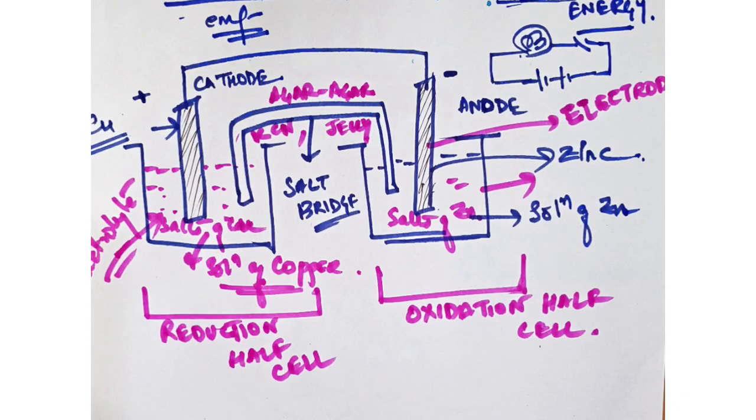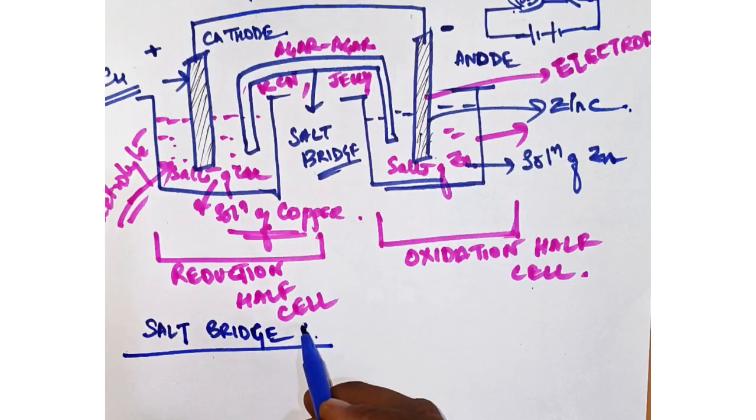So the inert electrolyte U tube connecting the two components is called your salt bridge. So what is the significance of this salt bridge? We are going to discuss now.